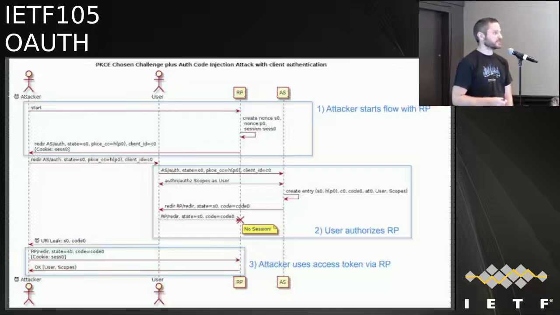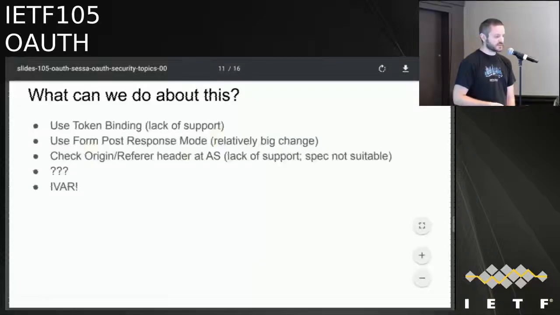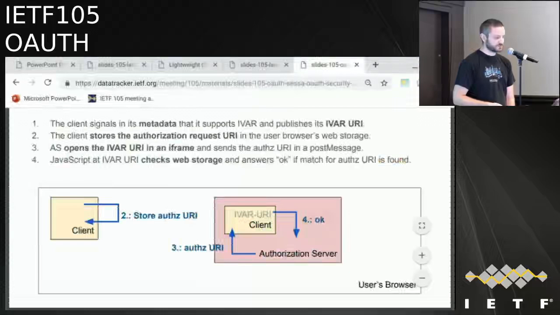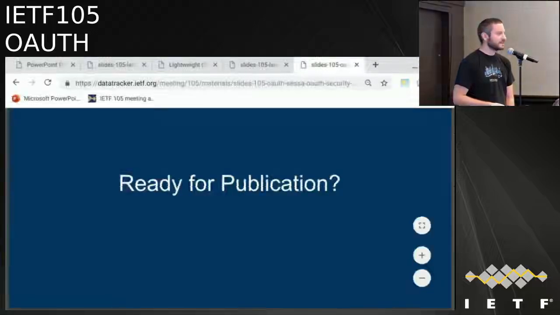But we need to talk about the attack because we know of the attack, so we shouldn't just leave it out of the BCP. Other than that, the BCP is almost ready for publication. So there are no big things we need to change.